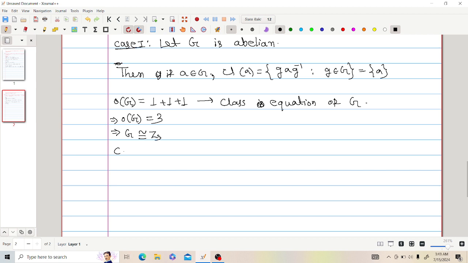Now we consider the case when G is non-abelian. Let G be non-abelian.